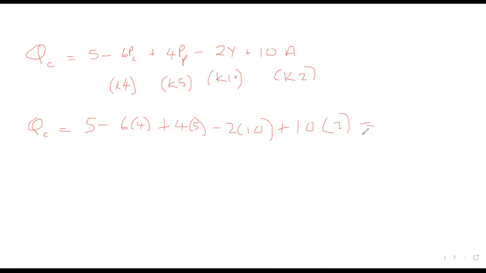Of the current demand. 5 minus 24 plus 20 minus 20 plus 20. We're getting 1. So we're going to get 1 as the current demand.